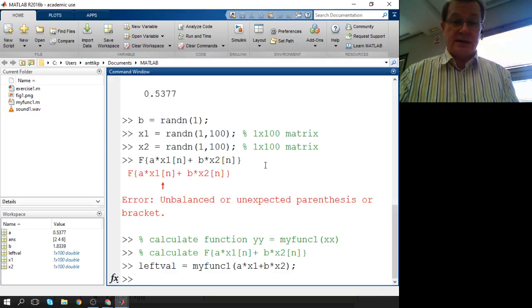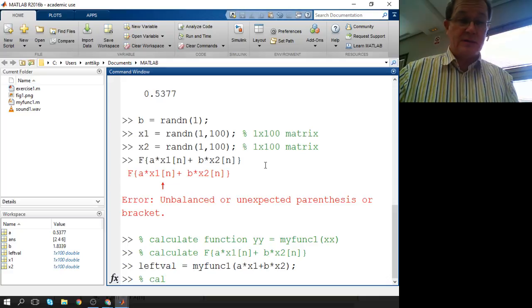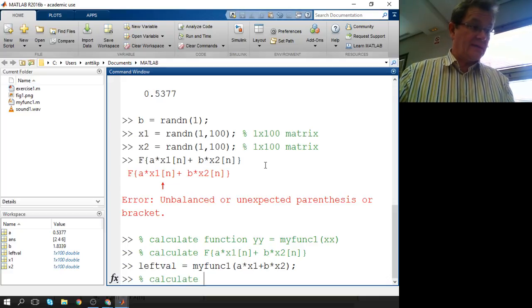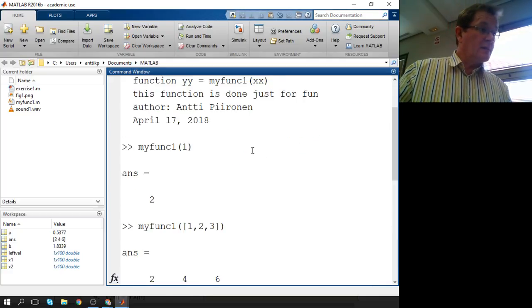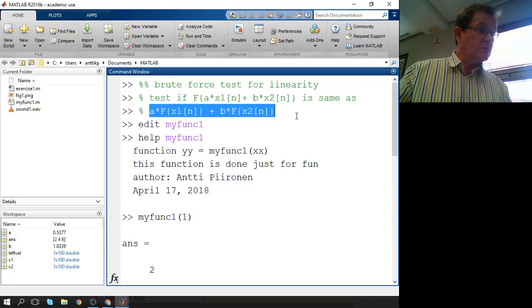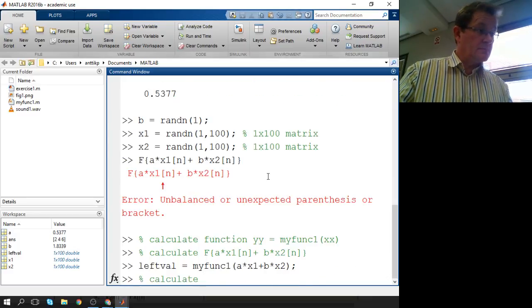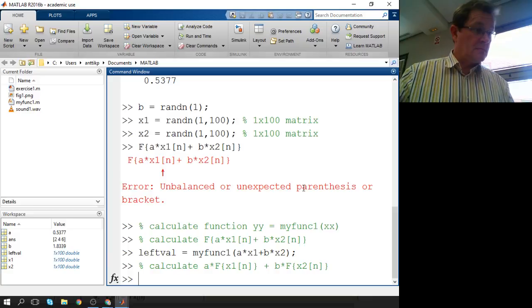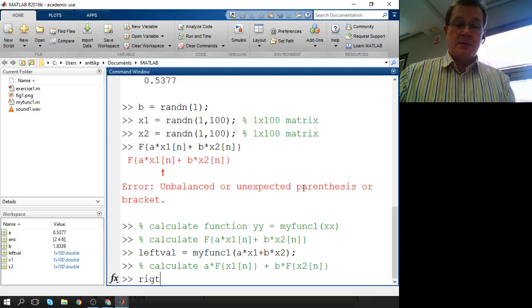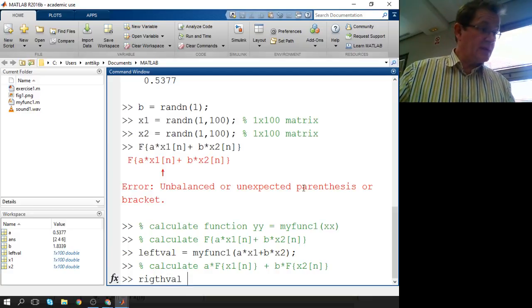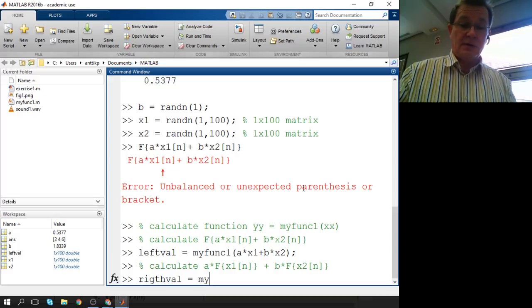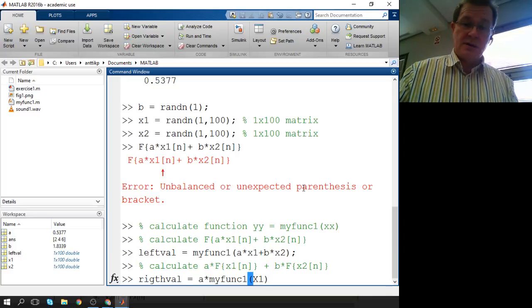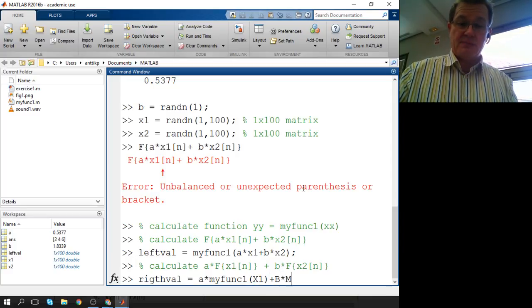Then we calculate the right hand side, which was that one. Right side value is a times my func1 with x1 plus b times my func1 x2.